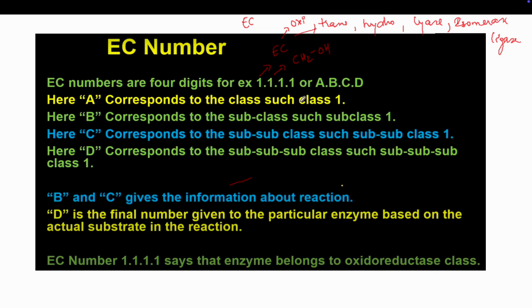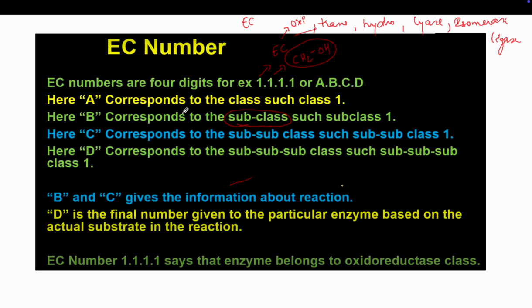So the second number gives us substrate information, telling us on which substrate the enzyme will act. It will act on the alcohol or OH groups, the CH2OH group.